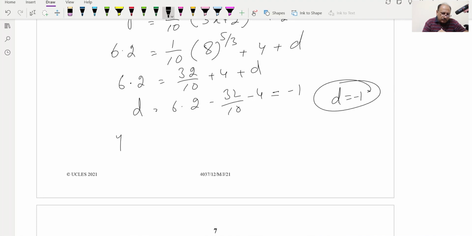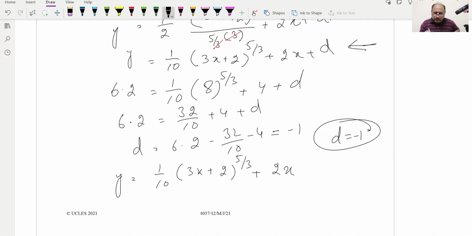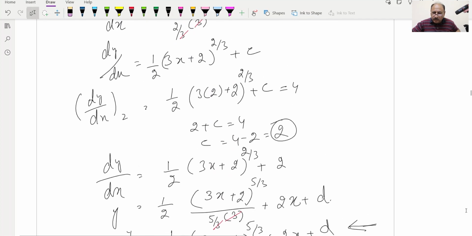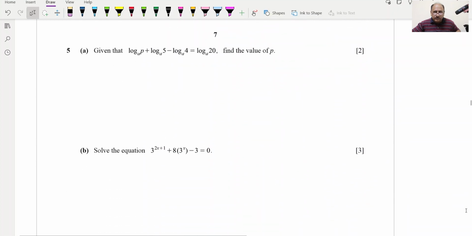Now the final equation we can write: y is equal to, in this equation we are replacing the d value, so y is equal to 1 over 10 into (3x plus 2) whole raised to 5 by 3 plus 2x minus 1. So this will be basically the final equation which is required, and this was a 6-mark question. Hopefully you understood each and everything.